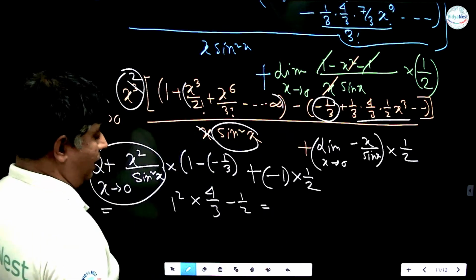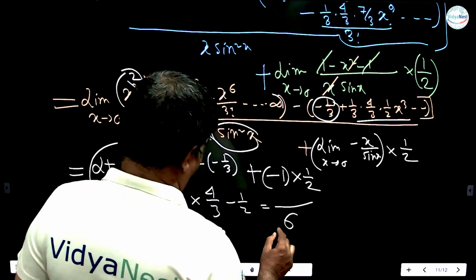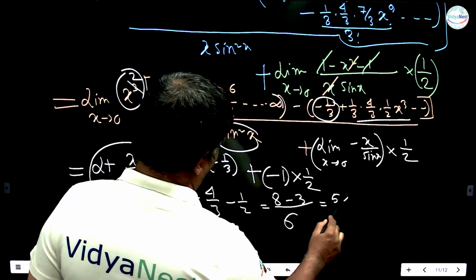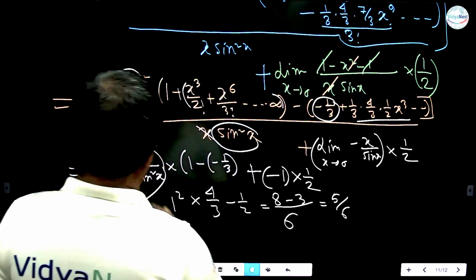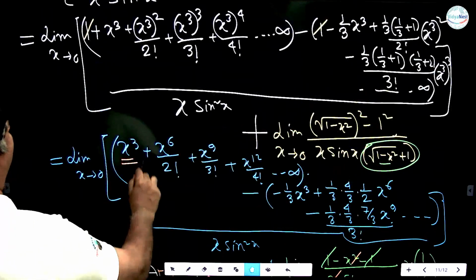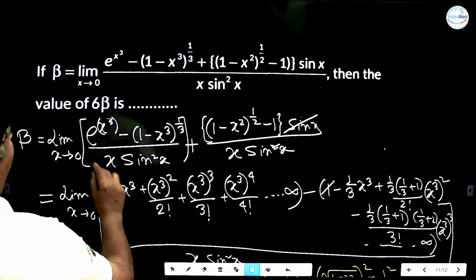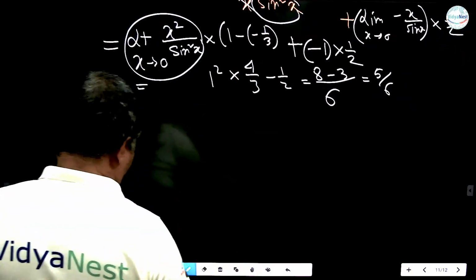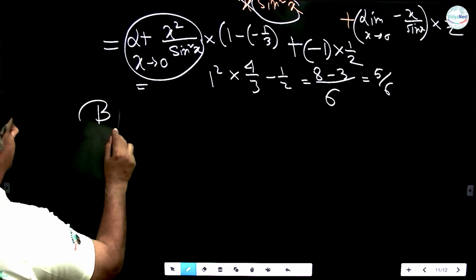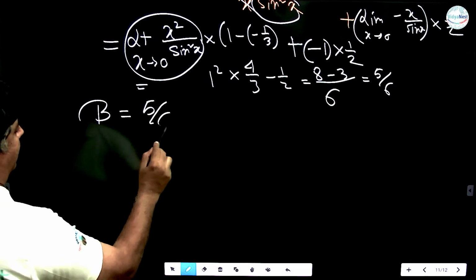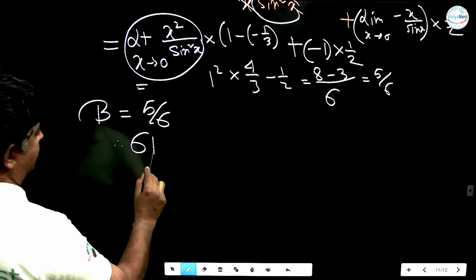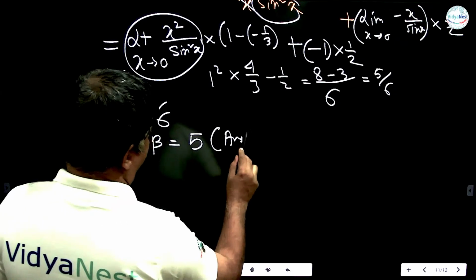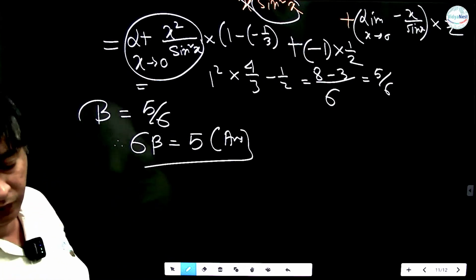So take the LCM, 6, 5 by 6. Now you observe, you are told to find what? 6 beta. So this value is equal to beta. Beta is equal to 5 by 6. So 6 beta is equal to 5. Got it? Got it, sir.